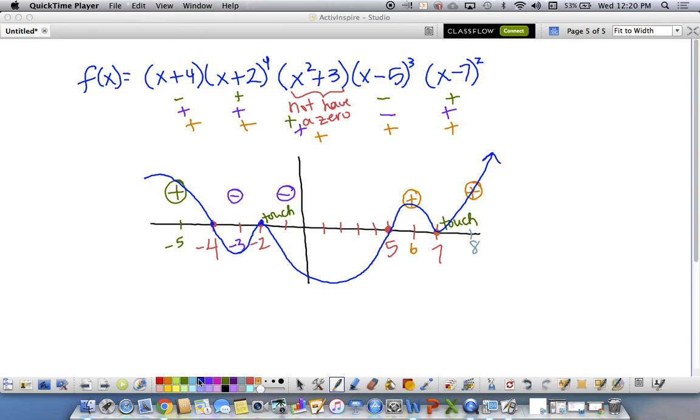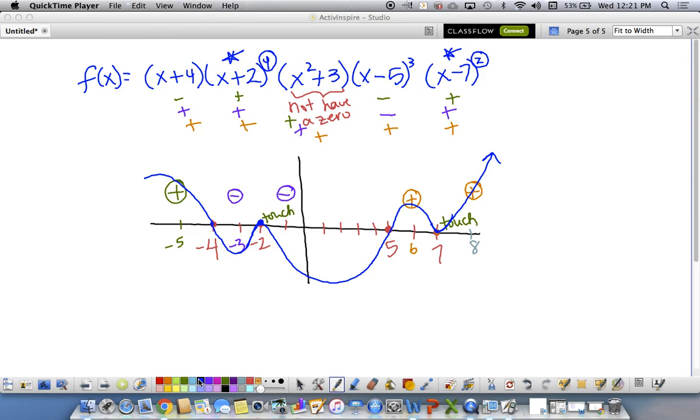So where would it touch and go back? At a negative 2, right there, and at a positive 7. It will touch and go back up because you have an even exponent. Even exponents will touch and go back the same direction. Odd exponents will simply go through the x-axis just like every other normal graph.